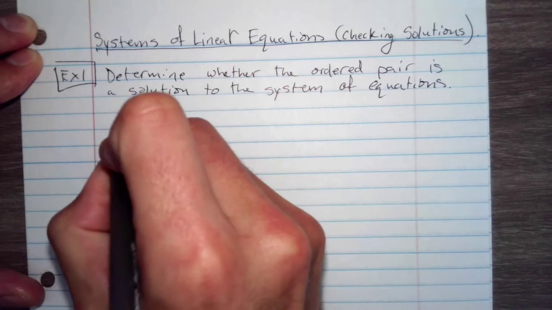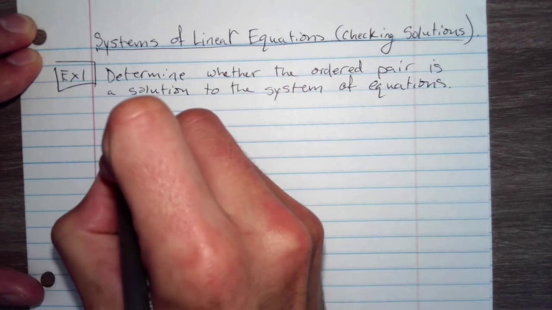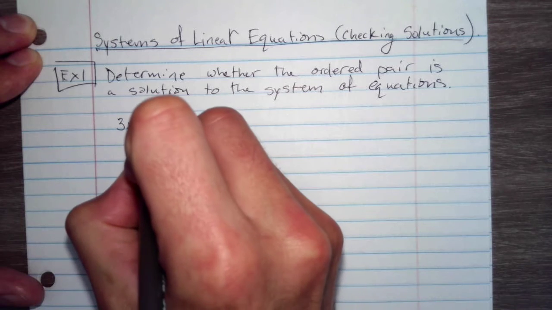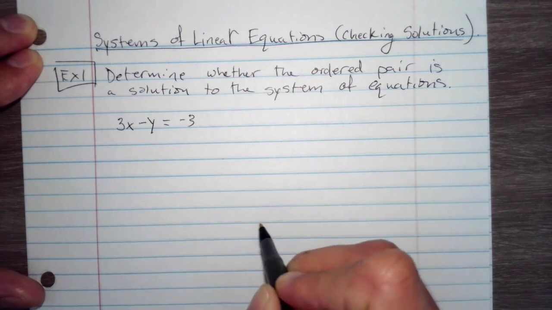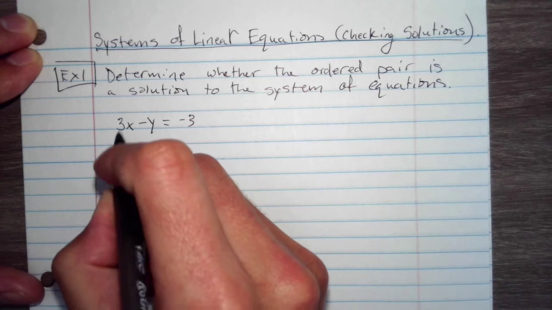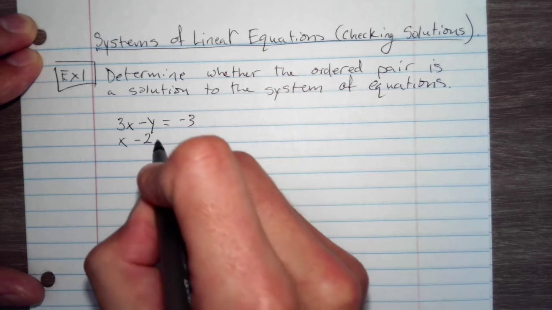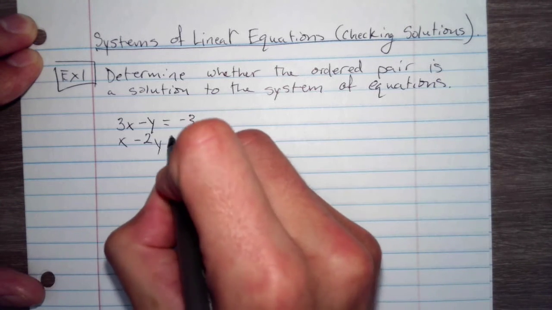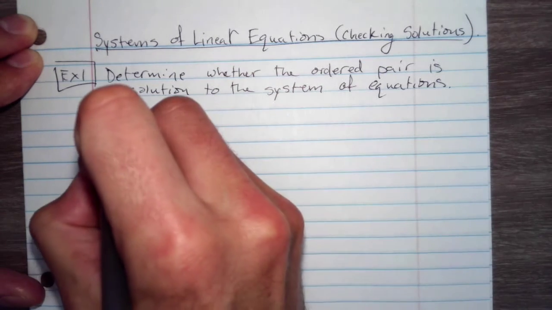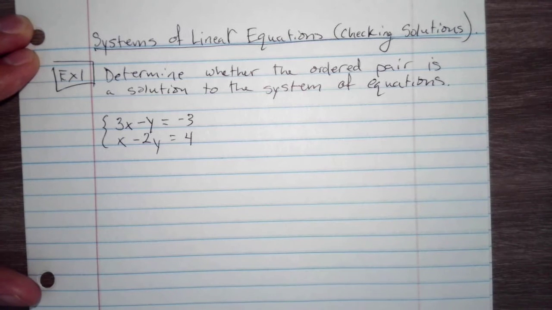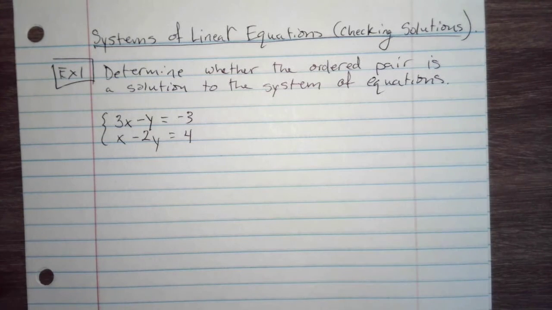The system that we're going to be given is 3x minus y equals negative 3, and the other equation will be x minus 2y equals positive 4. So that is our system of equations. Remember, a system of equations is just a group of two or more equations.